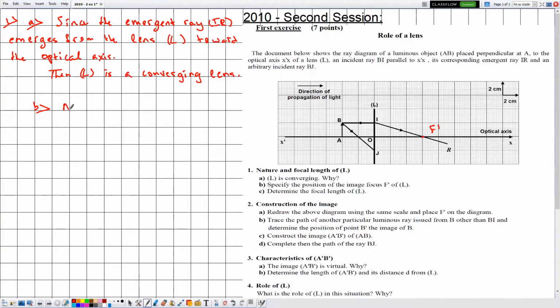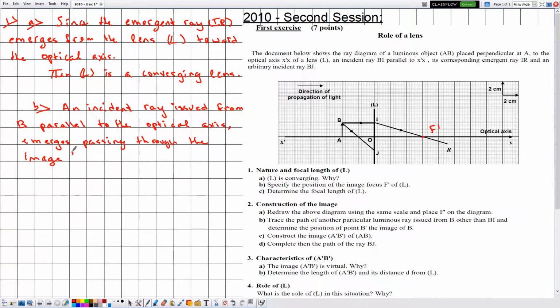Then let's say an incident ray issued from B parallel to the optical axis emerges passing through the image focus.